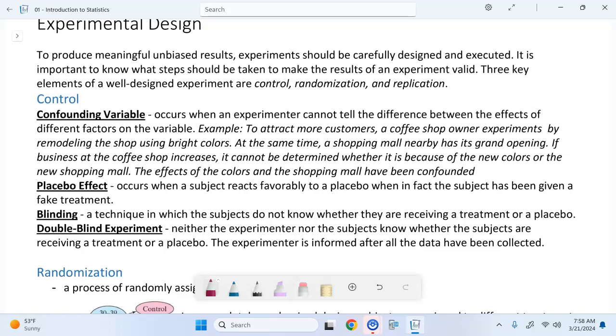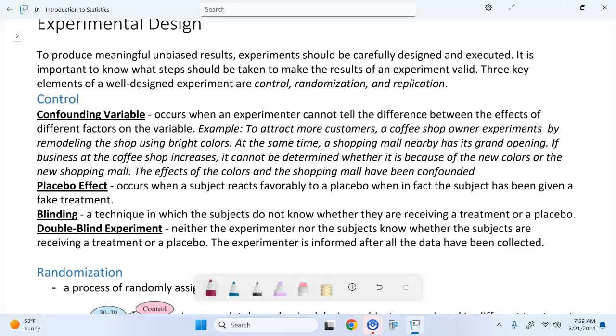It's important to know the steps that you take in order to make the results of an experiment valid. Control, randomization, and replication are those three main pillars. When any of those fall apart, you are increasing the amount of bias in your study.